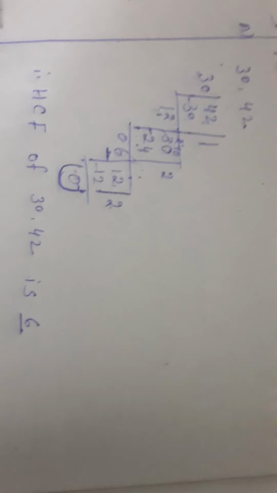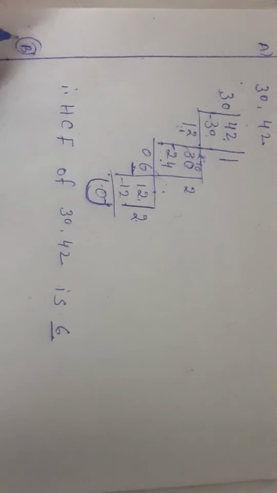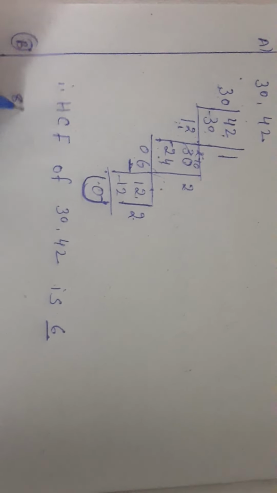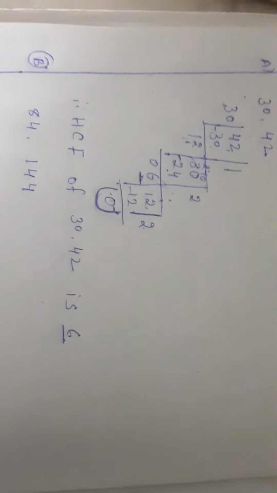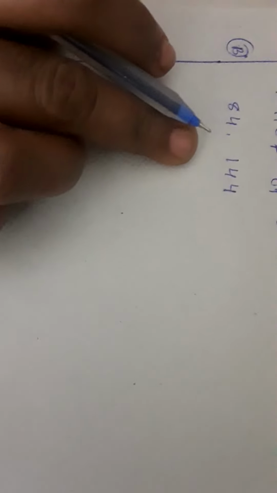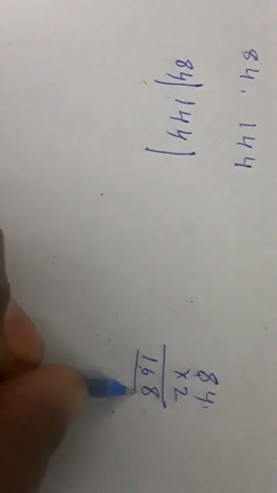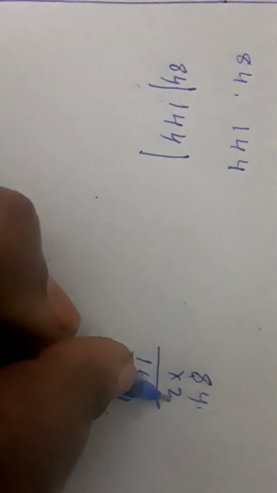We have another problem, B problem, 84 and 144. Divide 144 by 84. 1 84 is 84. 84 into 2: 2 4s are 8, 2 8s are 16, 168 here. 2 times here, take 84.